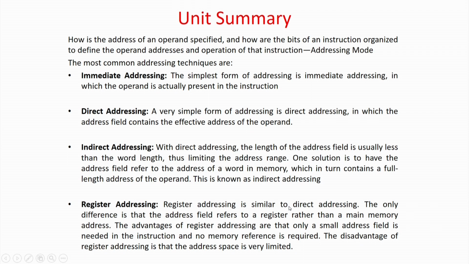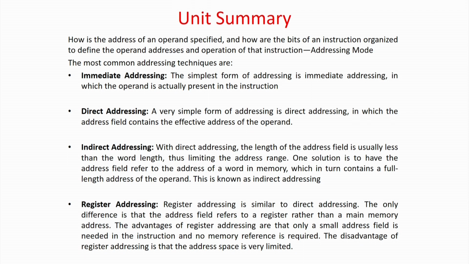Then there is register addressing. Register addressing is very similar to direct addressing, but the only difference is that the address refers to a register rather than main memory. As I told you, there are different variations in where the data is present. Instead of saying the data is located in such and such memory location, we say the data is present in such and such register.